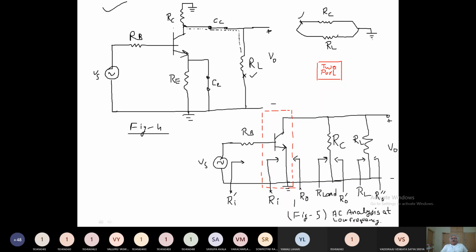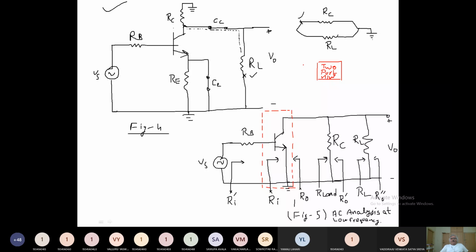We can call the transistor a two-port network because in one terminal we can make common, and with the common we can make the input port, and with that we can make the output port. So here it is a two-port network.